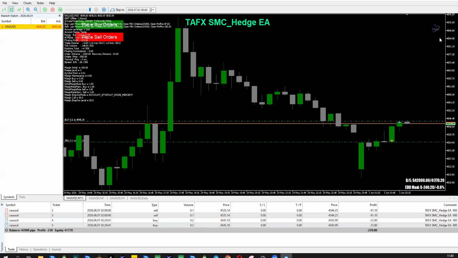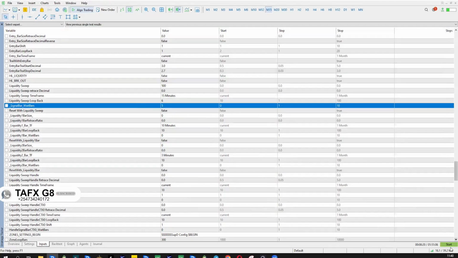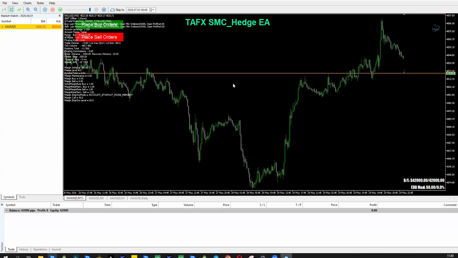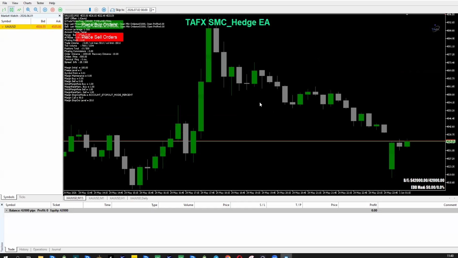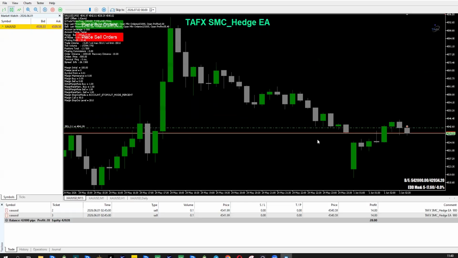Let us see now, after setting the weight bar, let's say we want to set the signal weight bar at 5. Setting it at 5, you can see the rejection is here, but the EA did not pick the trade.